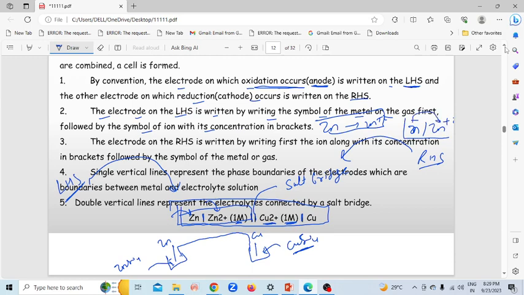Whereas the electrode on the right hand side is written with the ion first. Why are we writing the ion first? Because the ion is converting to metal. And the concentration is also written, so it gives you information about which concentration you are using.